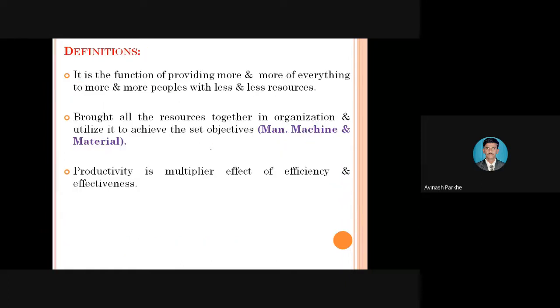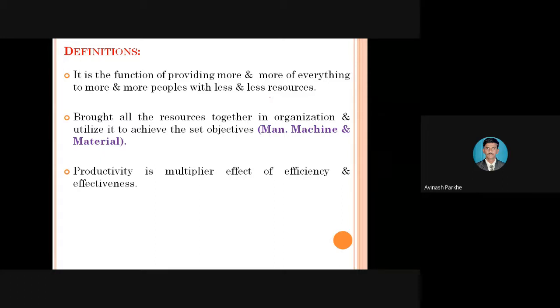Okay. Now again, as per some standards, these are the three definitions. The first definition: it is a function of providing more and more of everything to more and more people with less and less resources. That means whatever the customer requirement is, if we are satisfying more and more people, because what happens in the market is that so many similar types of products are available.